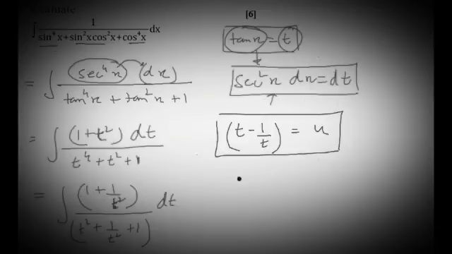Now again in this step, if I use one more substitution, let t plus 1 by t, or it totally depends on the question. So here t minus 1 by t is helping us. If t minus 1 by t is, let us say, equal to u, then on differentiating this value, I get 1 plus 1 upon t square dt.